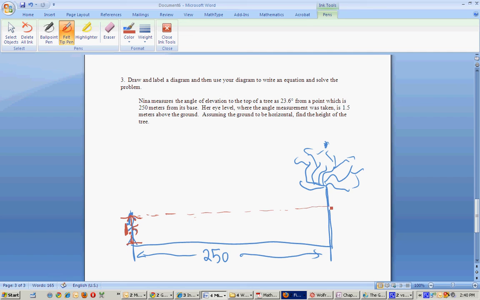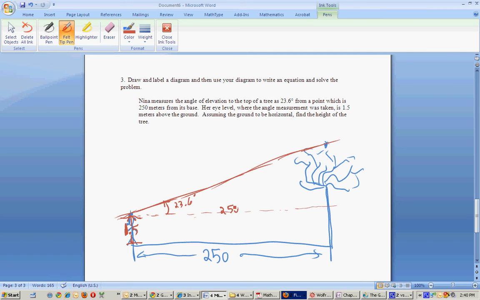Sorry, Nina, I chose you because 1.5 meters seemed like a reasonable estimate for you. Now here's the line of sight to the tree, and this is the angle of elevation. This is 23.6 degrees. And this is 250.